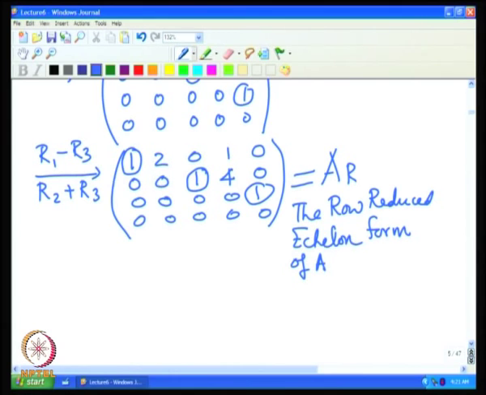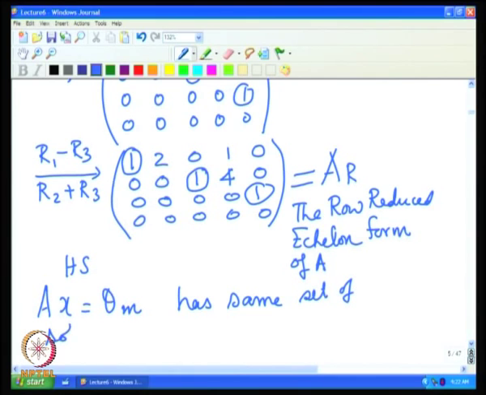Therefore, instead of solving the original A x equal to theta m, the homogeneous system corresponding to the original matrix has the same set of solutions as A r x equal to theta m.